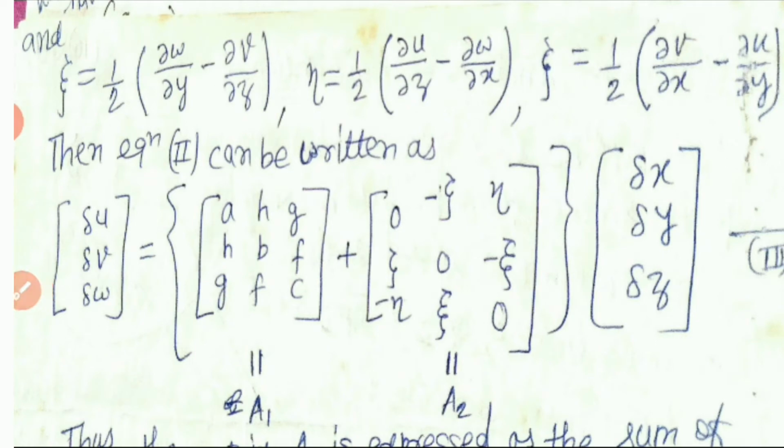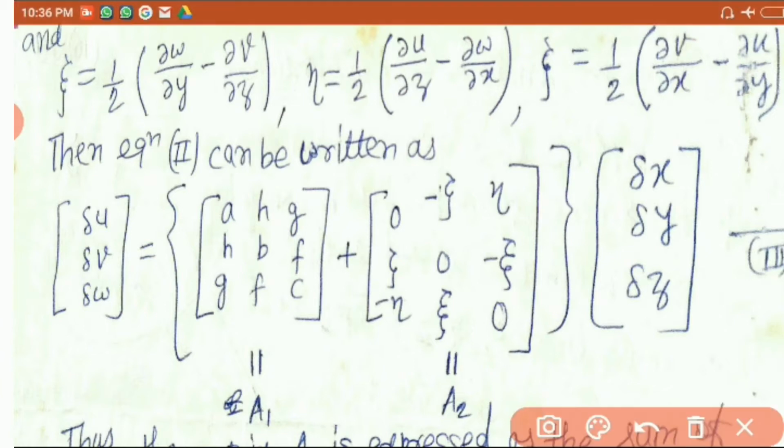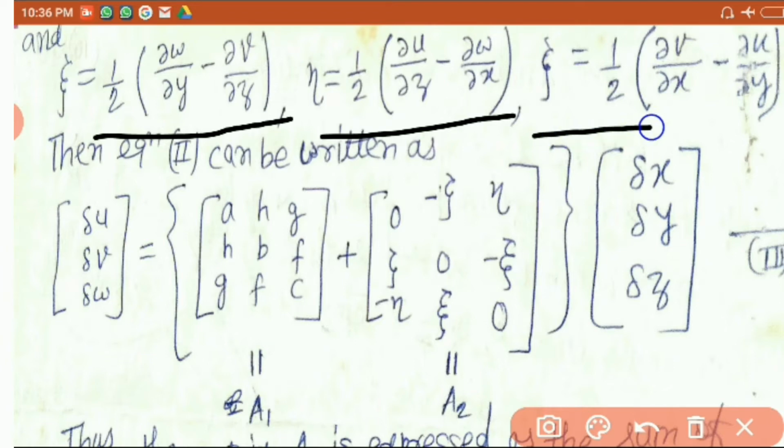And xi is equal to 1 by 2 (dou w by dou y minus dou v by dou z), eta is equal to 1 by 2 (dou u by dou z minus dou w by dou x), and zeta is equal to 1 by 2 (dou v by dou x minus dou u by dou y).